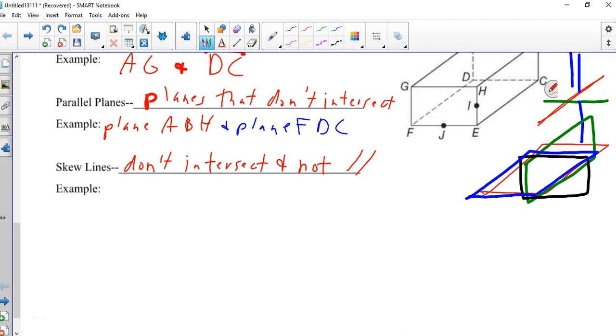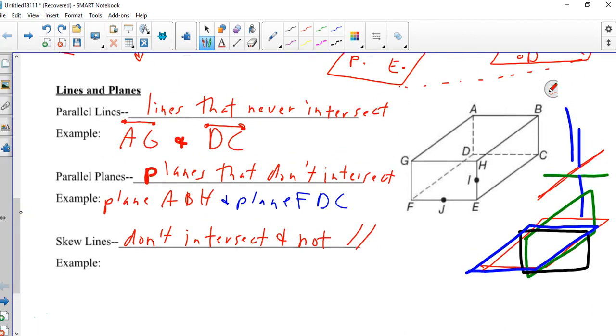So, example in this picture of lines that are not parallel but also will never intersect. Okay? Well, GF.